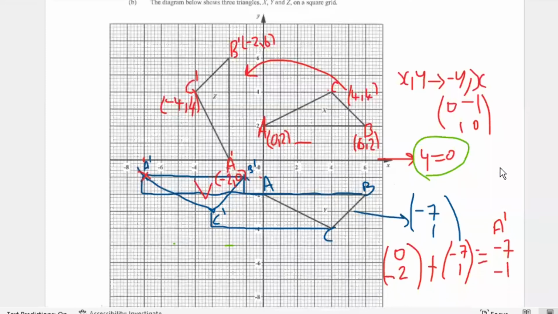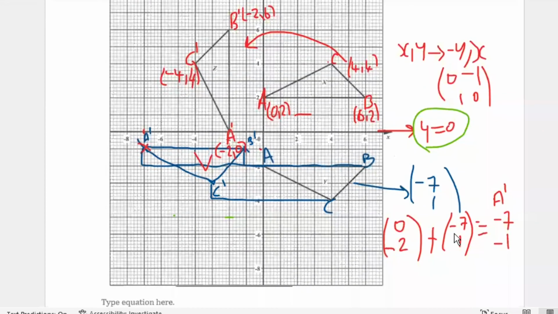Now going to the general question, the vector that the question gave, we use it to find A, B, C. You can use the vector to find where A, B, and C would fall, or you can use the vector to just count on your graph. Whenever your x value is negative, it means you're going to the left, and if your y value is negative, you're going down.